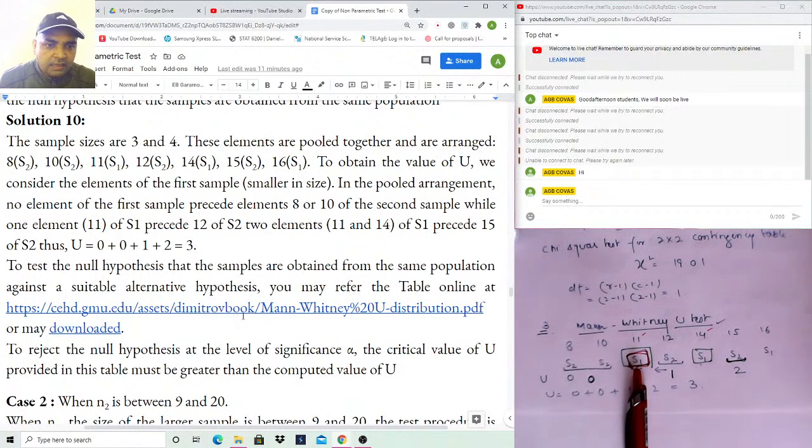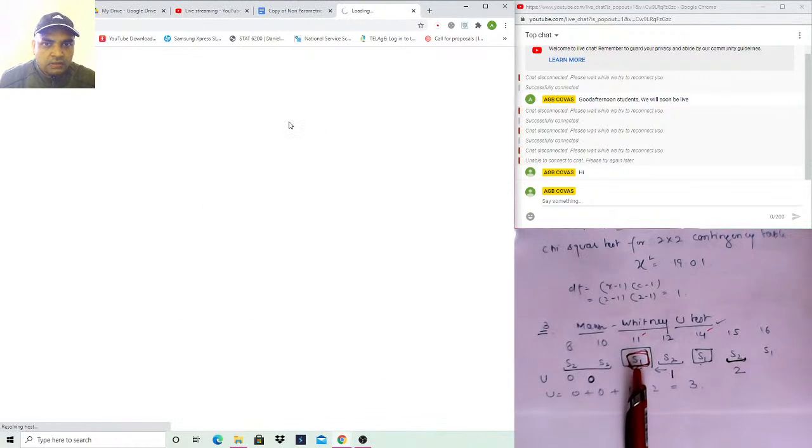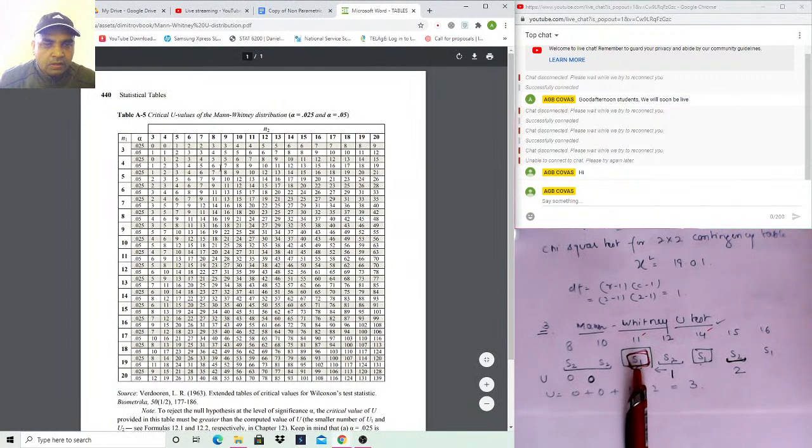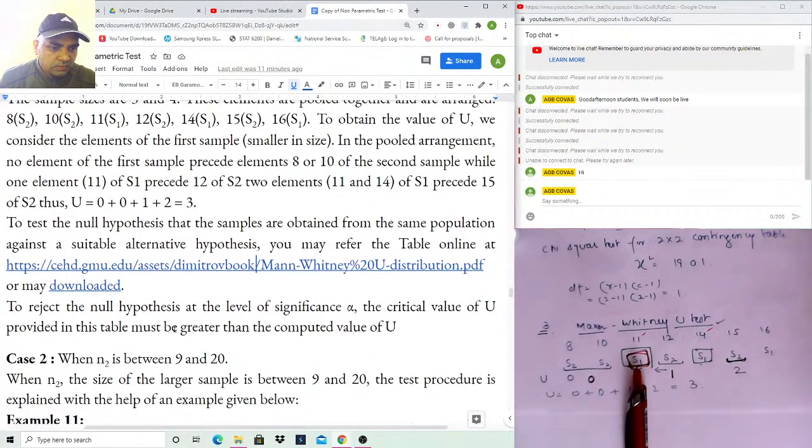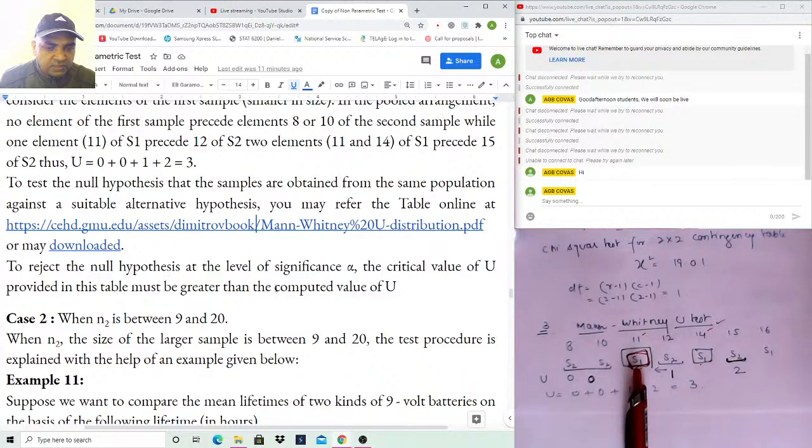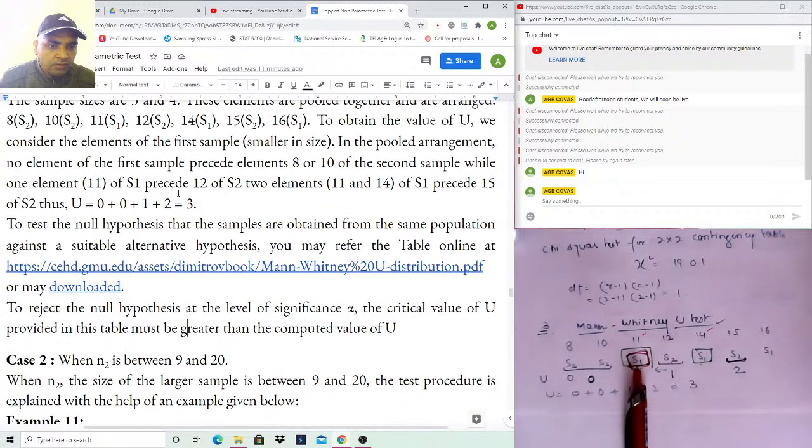And then we have the sample sizes of 3 and 4. Then we look at this table. If you see, at 3 and 4 we have a value at 5% as 1. Basically, to reject the null hypothesis at the level of significance alpha, the critical value of U provided in the table must be greater than the computed value of U. We have 3, and the table value is 1.